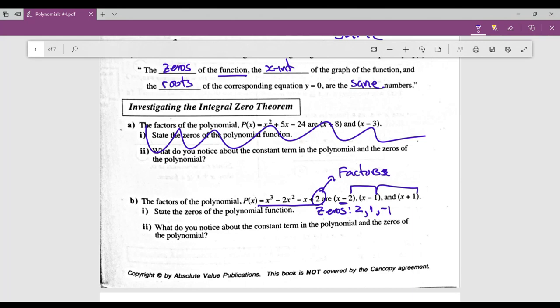The zeros in the factored form are factors of this number. Okay, that's what you need to remember, and that's what we're going to look at this lesson.